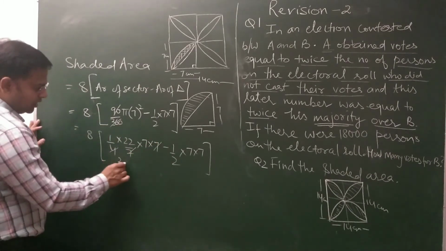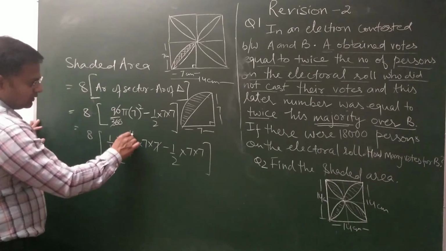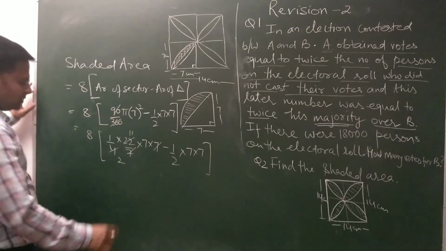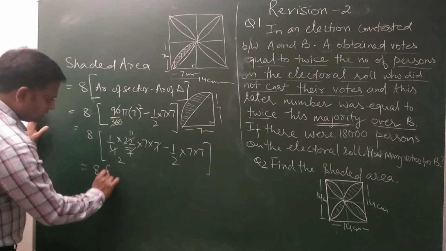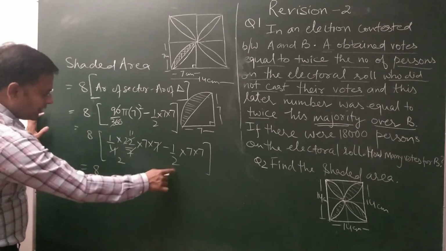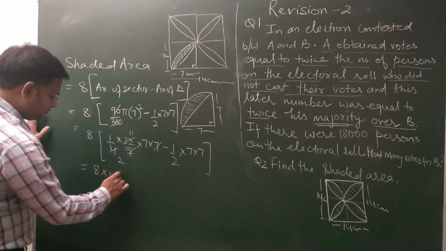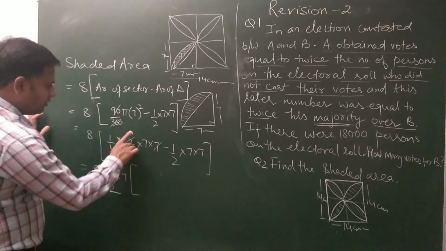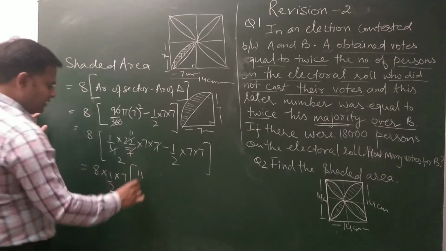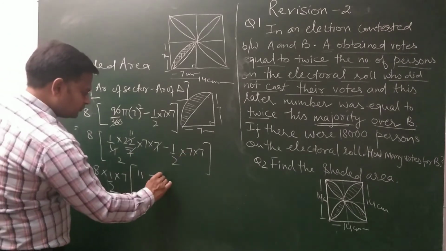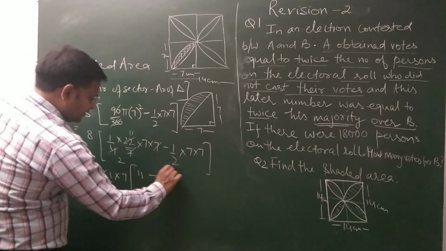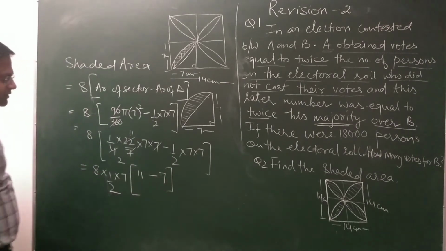This is 2 and this is 11. Now you cannot simplify further, so you take common. 1/2 is common, take 1/2 common. Here it is 7, take 7 common. So now 11 is left inside and here 7 is left. So this is 11 minus 7.